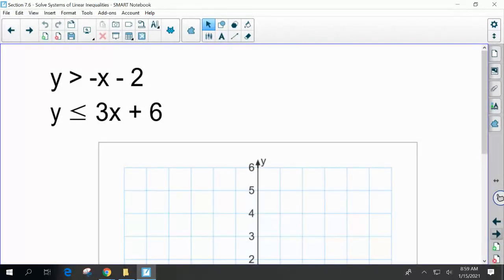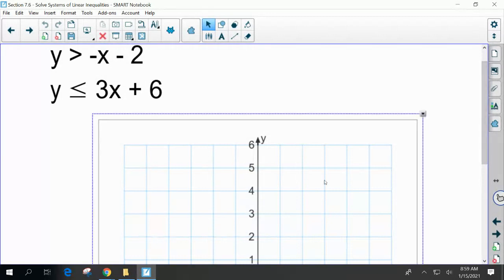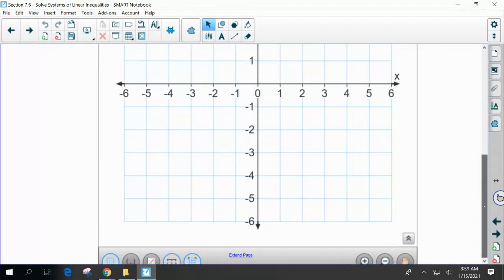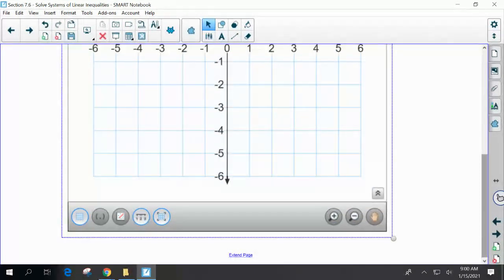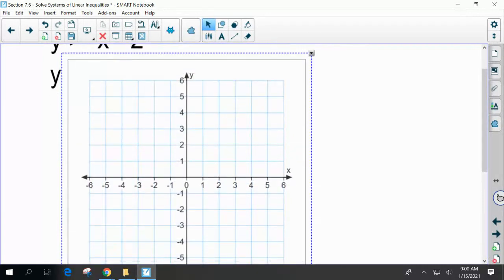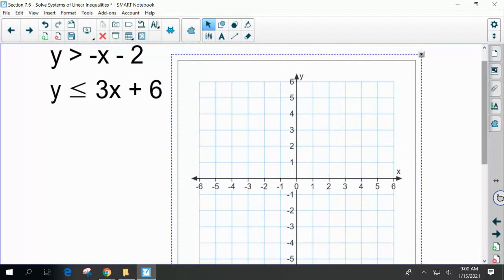So I'm going to start by graphing the first one. I would put a point at -2, and then I have to go down 1, right 1.